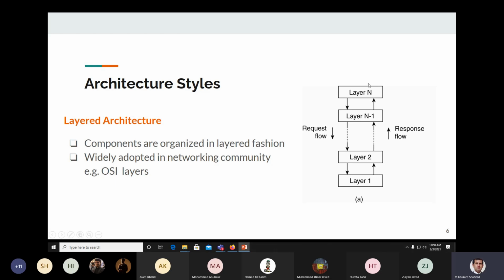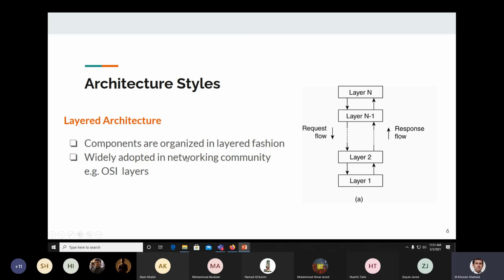These are the architecture styles. Again, layered architecture. The most widely used example is the OSI model. You know the OSI seven layers. You have a computer science background, so you must have studied network communication, not as a course, but as a part of some course, right?